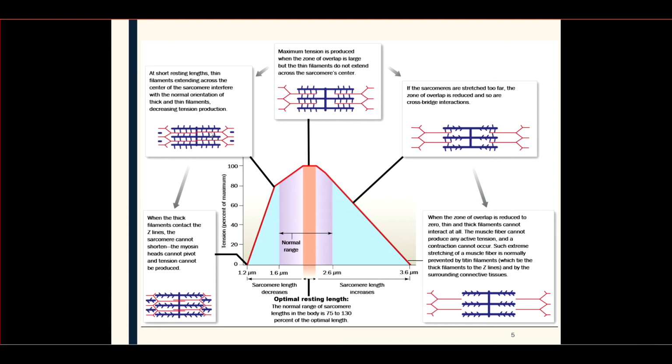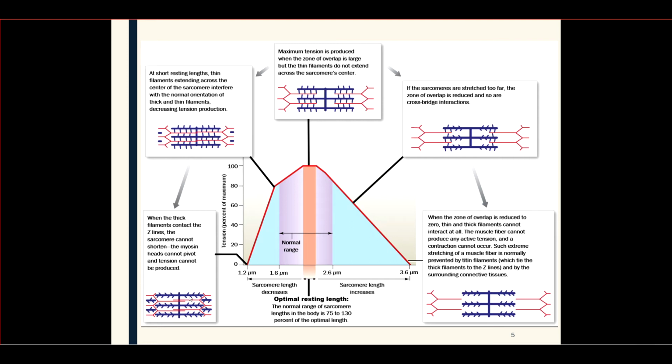Now when you stimulate this, there's going to be less sliding of the filaments taking place, and notice we're going to generate less tension because it's already in a shortened position, and you'll see the curve go down on this side. If we stimulate a sarcomere that's already shortened, it's going to generate less tension, and the more shortened it is upon stimulation, the less and less tension we're going to get.